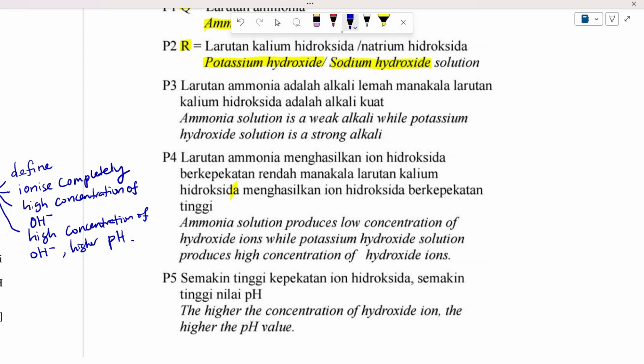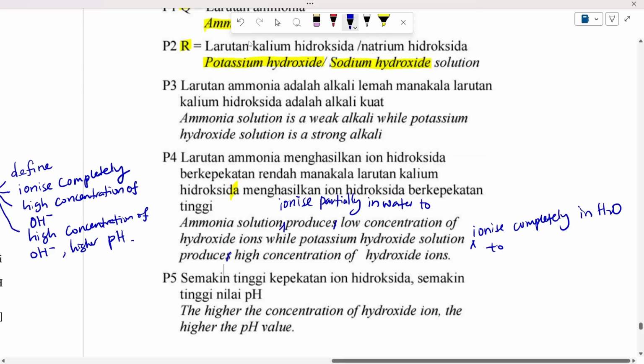Ammonia solution ionizes partially in water to produce low concentration of hydroxide ions, while potassium hydroxide ionizes completely in water to produce high concentration of hydroxide ions. Then the higher the concentration of hydroxide ions, the higher the pH value.